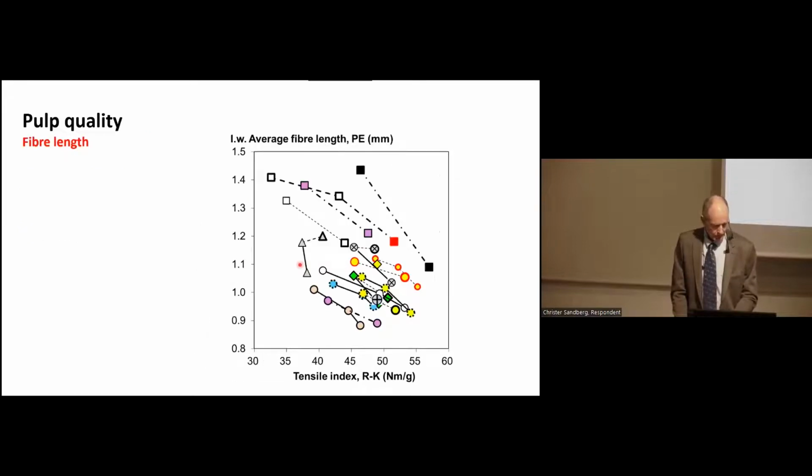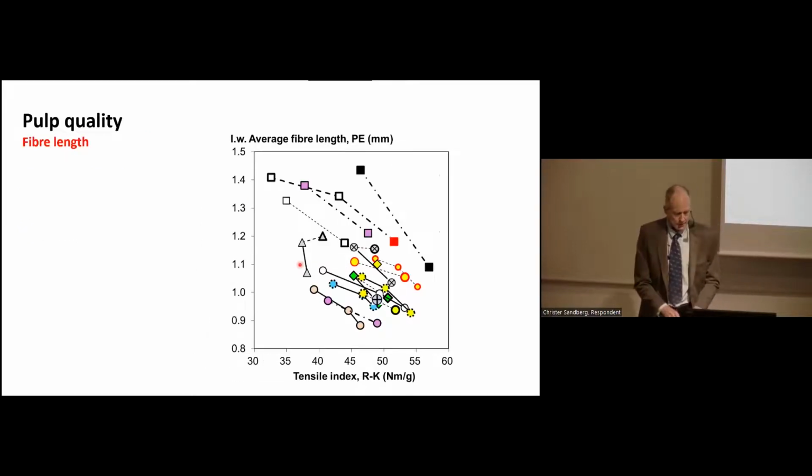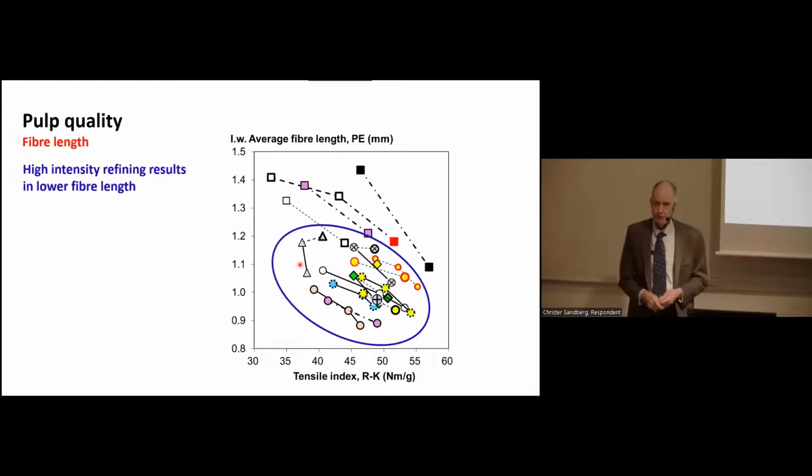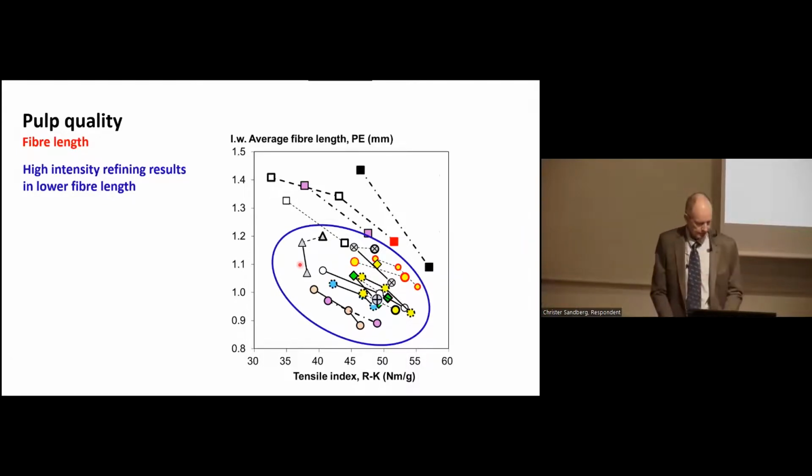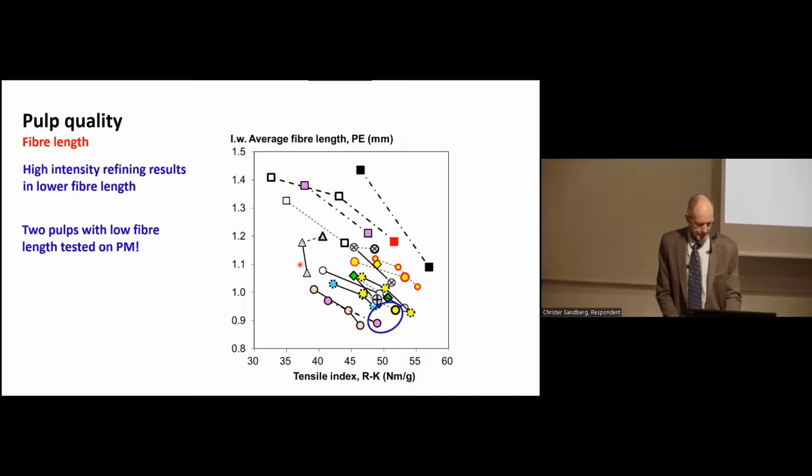Yes. Fiber length. All the high intensity processes produced pulps with lower fiber length. This is also known from the literature, and we have seen the same thing, always lower fiber length. What is interesting is that the 2 paper machine trials that we did are the 2 circled pulps here, and they have among the lowest fiber lengths.